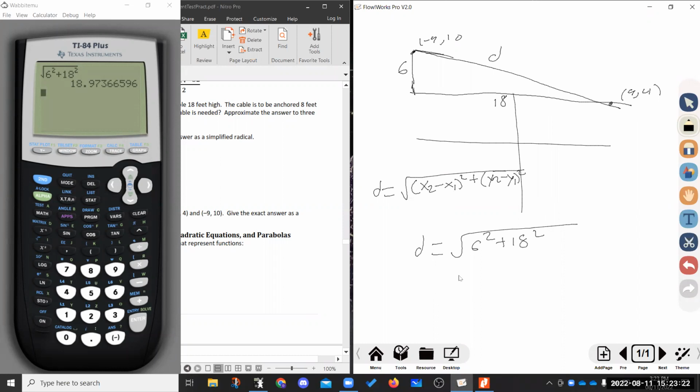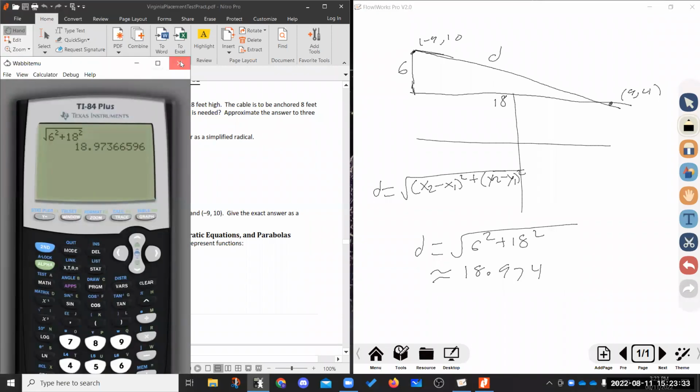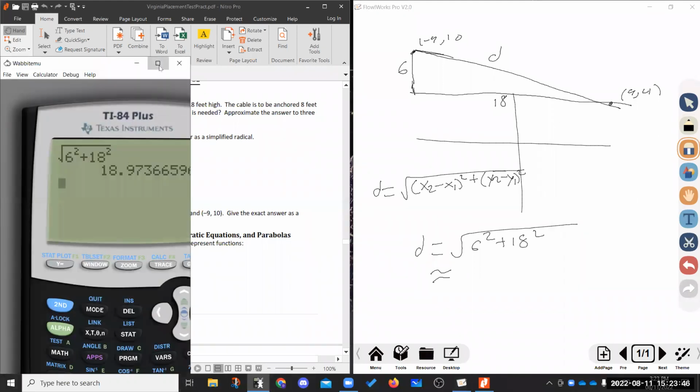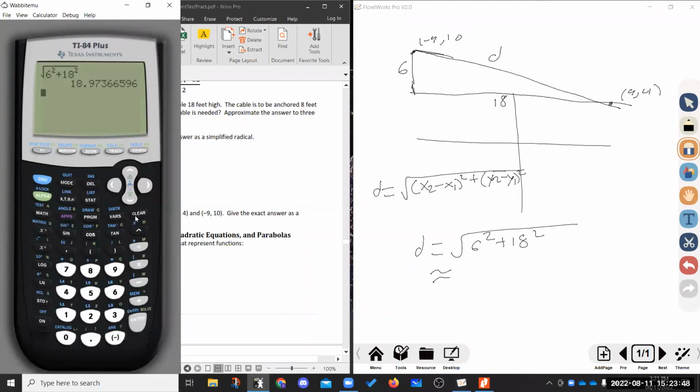So we are having 18.974 as our answer. Oh, it says give an exact answer, excuse me. So we come back here and say that I want what 6 squared plus 18 squared is without the square root.